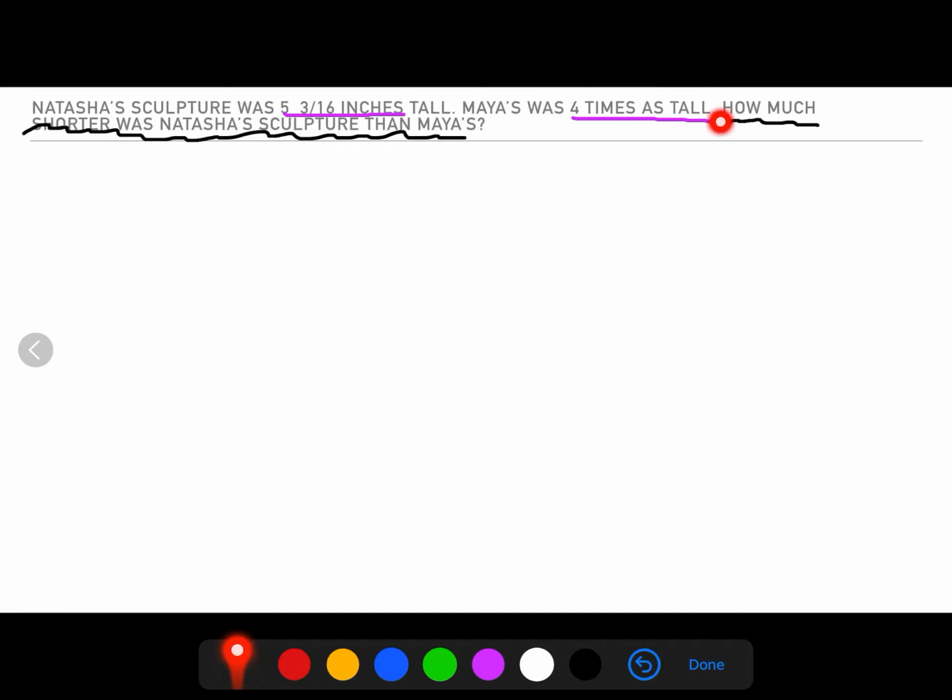I don't know how tall Maya's sculpture was, though. So this is actually going to be a two-step problem, because I have to solve for how tall Maya's sculpture was, and then I also have to figure out how much shorter Natasha's sculpture was compared to Maya's sculpture. But before I do that, are there any buzzwords in this problem that can help me solve?